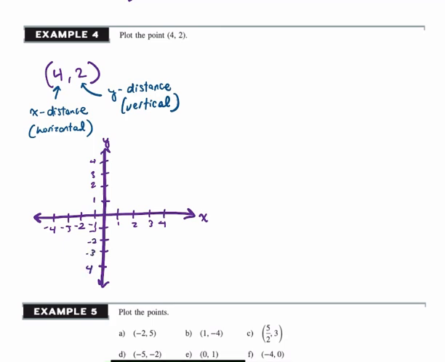And notice this divides our area into 4 sections, and we call these the 4 quadrants. The one on the top right, call quadrant 1. That's where both x and y are positive. If I'm plotting a point in here, it's some positive x distance and some positive y distance. And then the quadrants are labeled counterclockwise. So the one on the top left is quadrant 2.